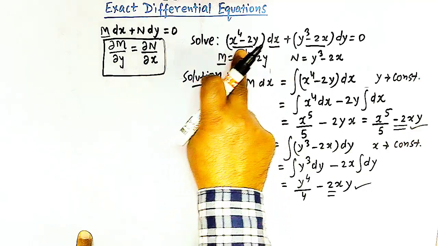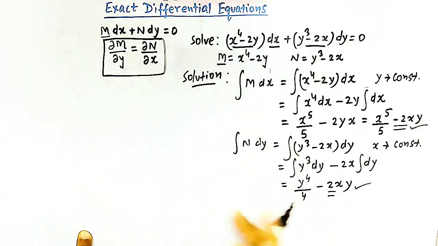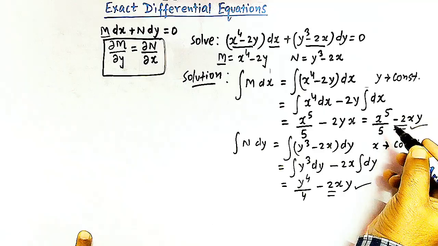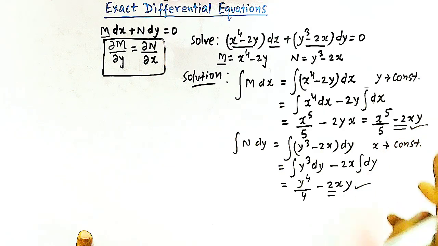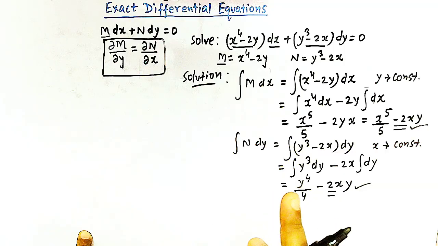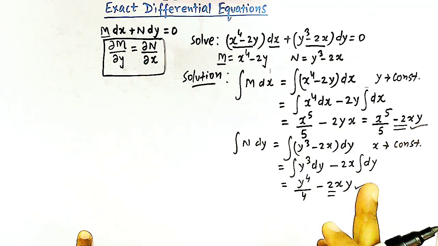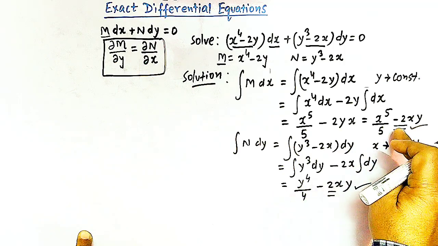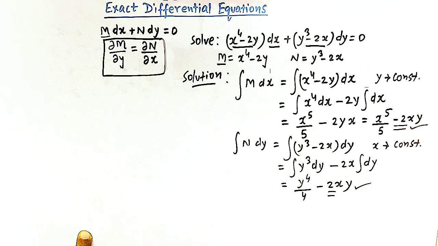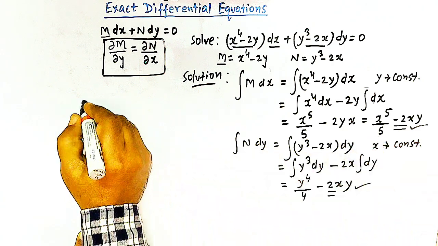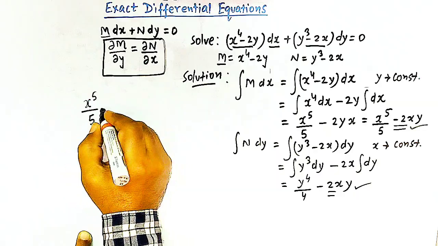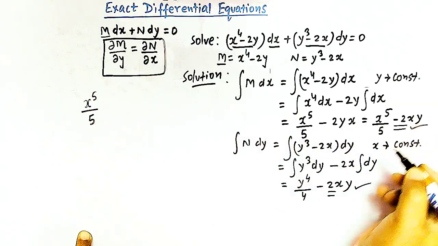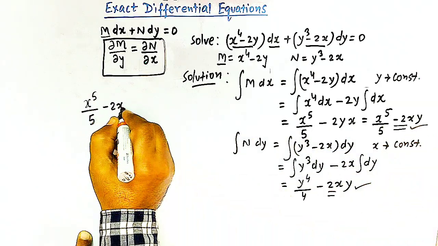So to write the solution of this differential equation, we have to now add these two expressions, taking this term minus 2xy only once, and will equate the sum to a constant, right? So the solution is now x raised to 5 over 5, and then we have here minus 2xy.